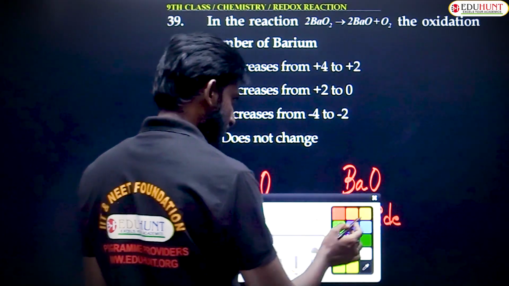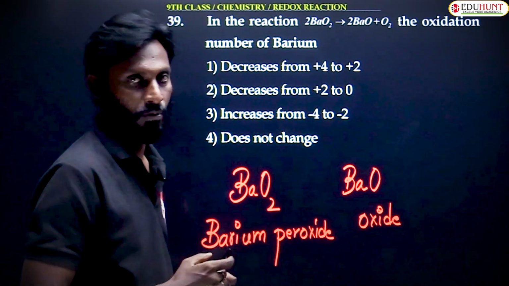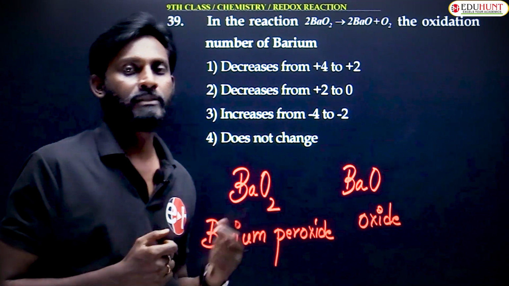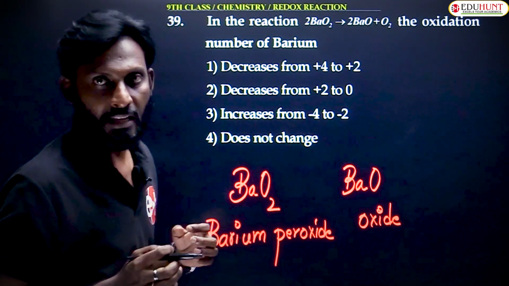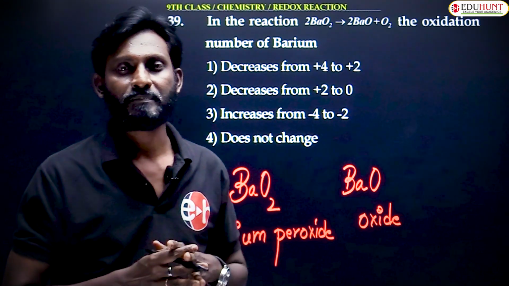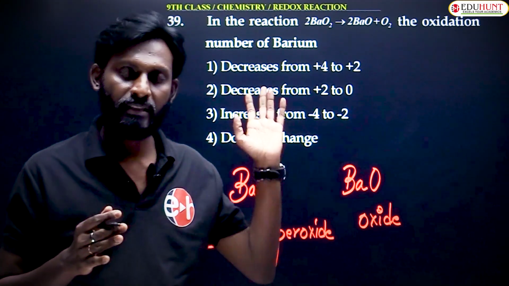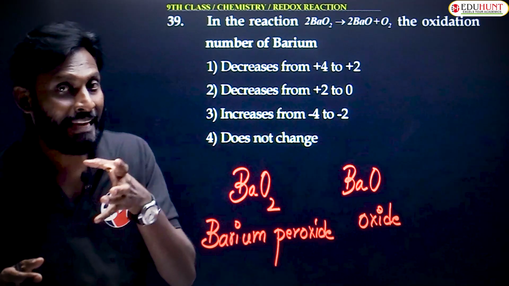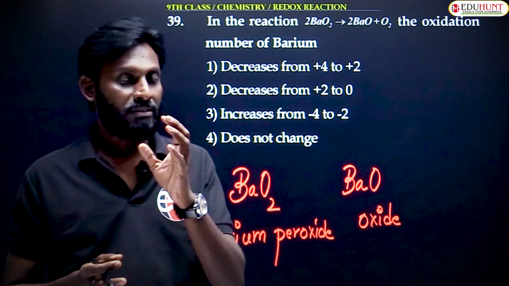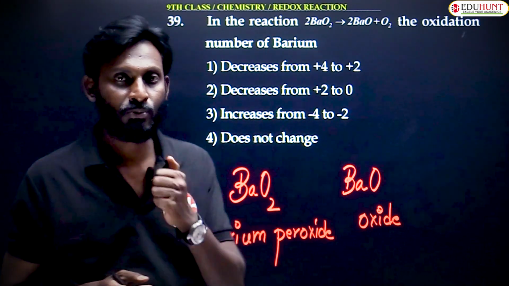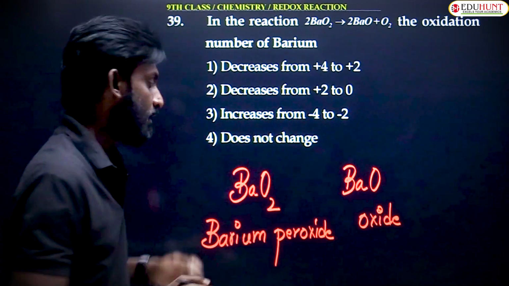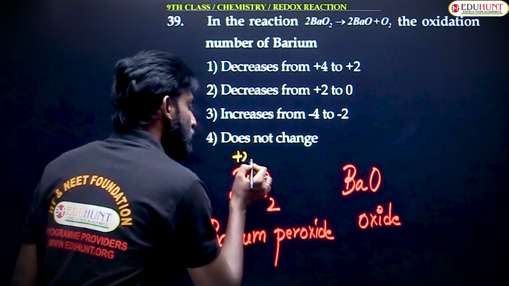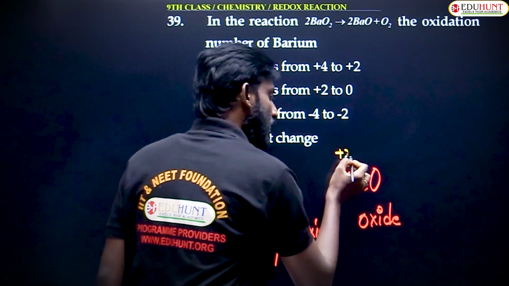But we've been asked to find the oxidation state of barium, and barium is an alkaline earth metal. I have told you in theory class that for alkaline earth metals, the oxidation state will always be +2. So whether it is barium peroxide or barium oxide, the oxidation state will be +2, no change.